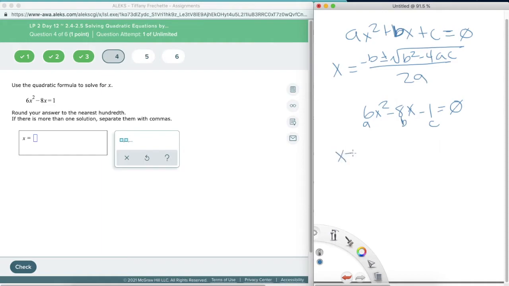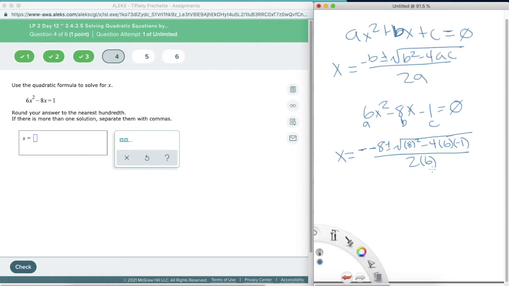So it's negative b, so negative negative 8, plus or minus the square root of b squared minus 4ac, over 2 times a. So again, I'm just filling in a whole lot of letters there.